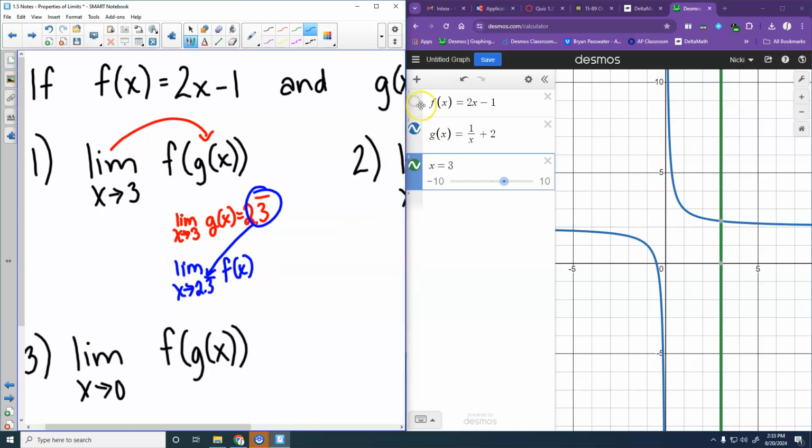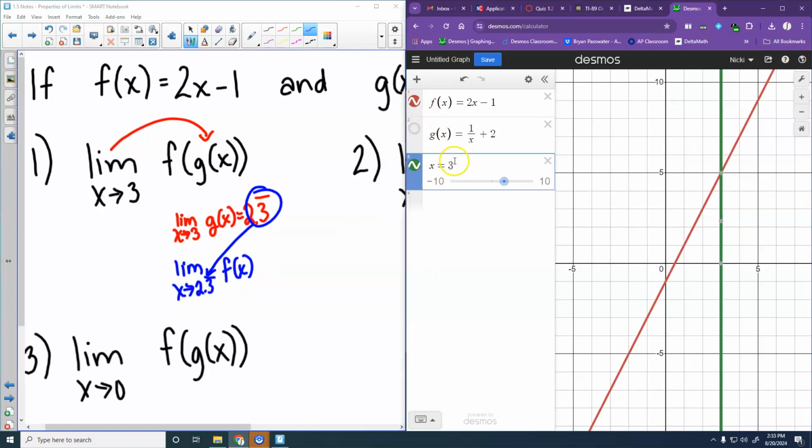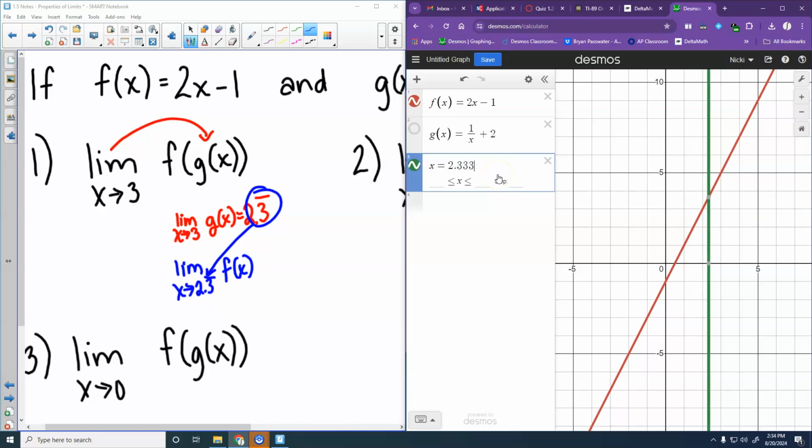We are going to see something weird happen in a second. Let me do 2.3 repeating right here. And we can see here that if I'm looking at f as we approach 2.3 repeating, it is going to be 3.6 repeating. So we'll get 3.6 repeating.